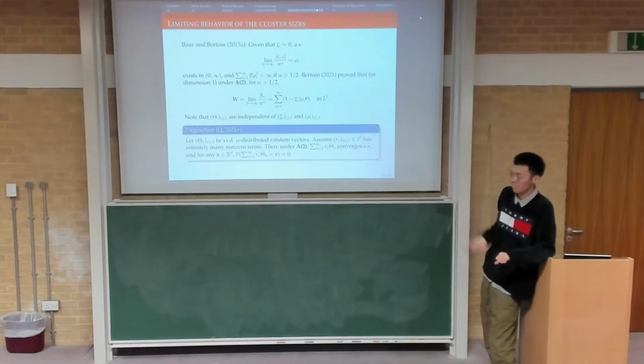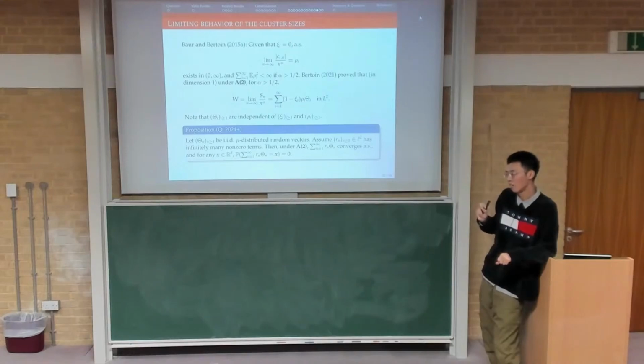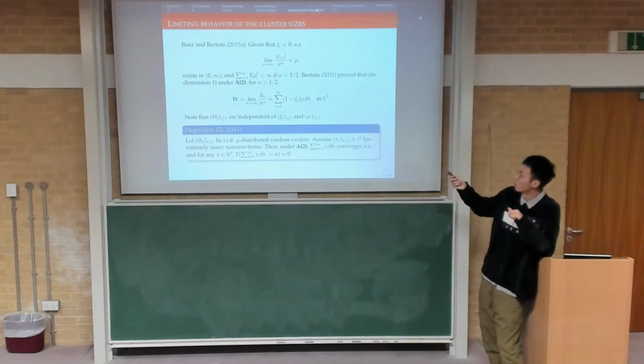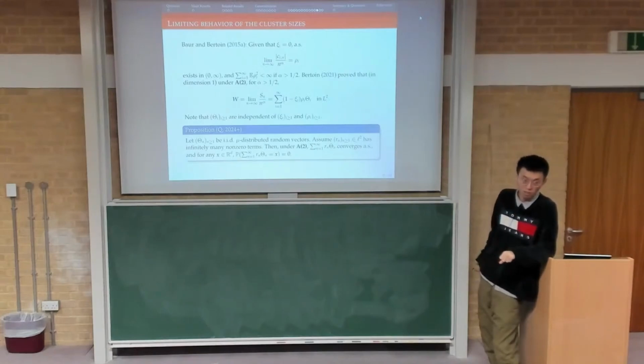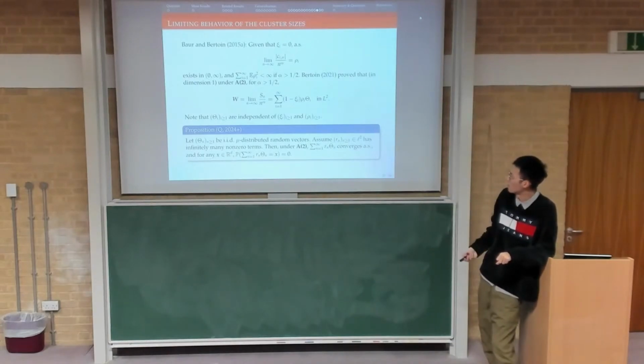Now, given that there is a cluster at node i, the cluster rooted at i grows as n to the alpha. So basically, the cluster size divided by n to the alpha converges to some positive limit, under a second moment assumption.